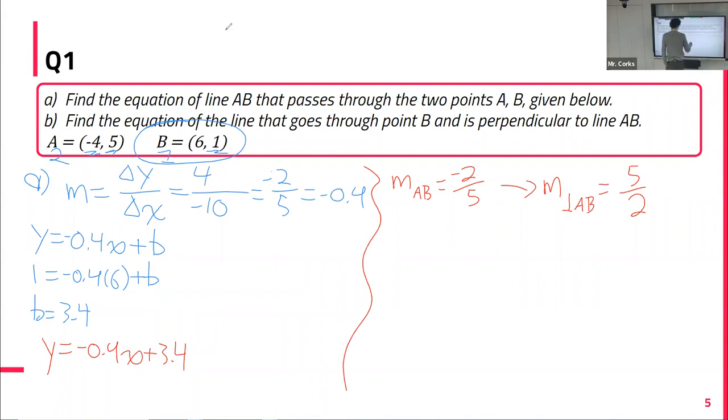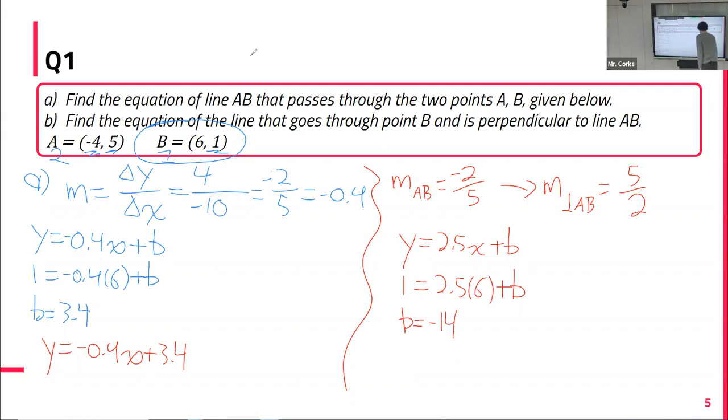And then the exact same process. So y equals positive 2.5x plus b. We'll use point B again. So 1 equals 2.5 times 6 plus b, and b is equal to negative 14. And there's the equation.